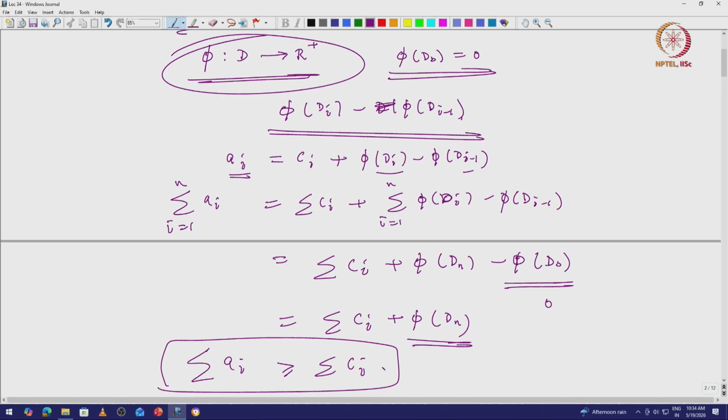I have defined new numbers A1 to An for C1 to Cn by defining a function on the data structure and considering the difference. This is called potential after minus potential before.